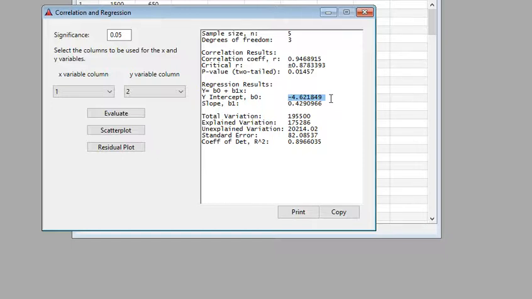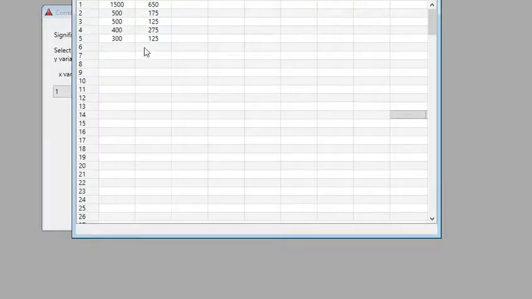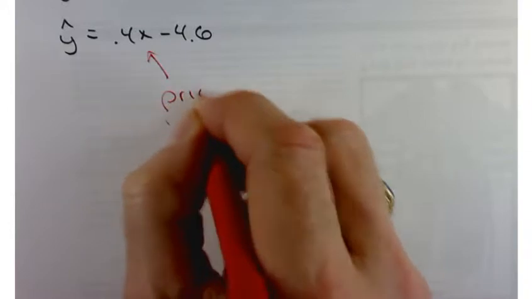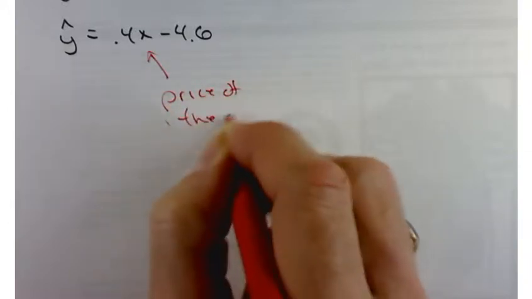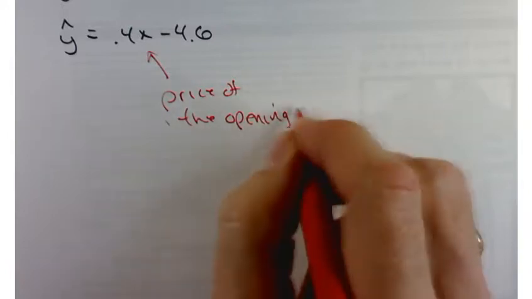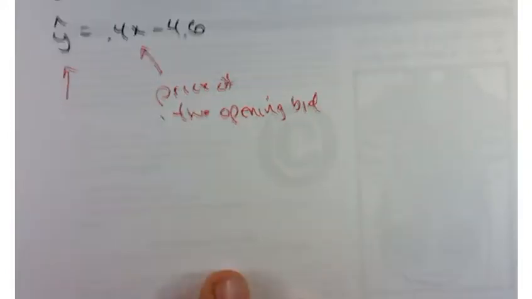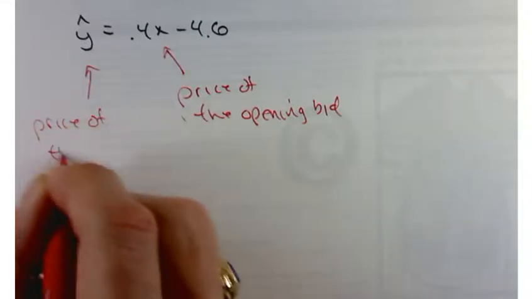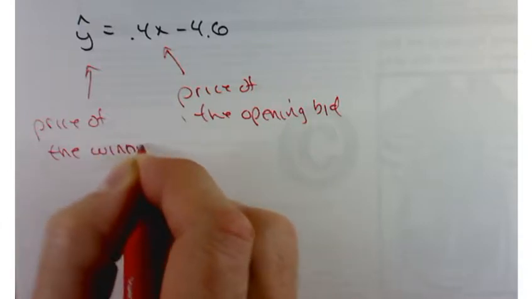Let's see if we can interpret these in words. So X is the price of the opening bid. And Y is the price of the winning bid. Now maybe I should be looking at this one up here because that's a little bit more accurate of a representation.